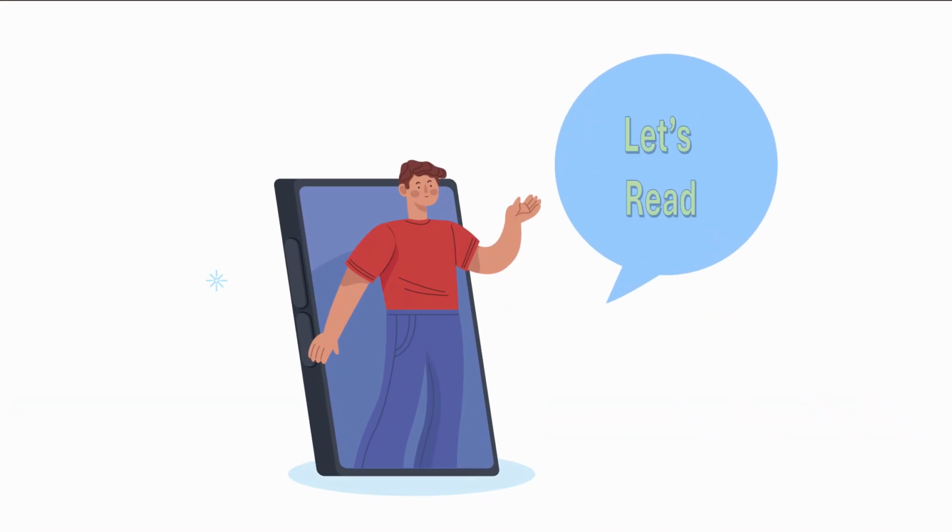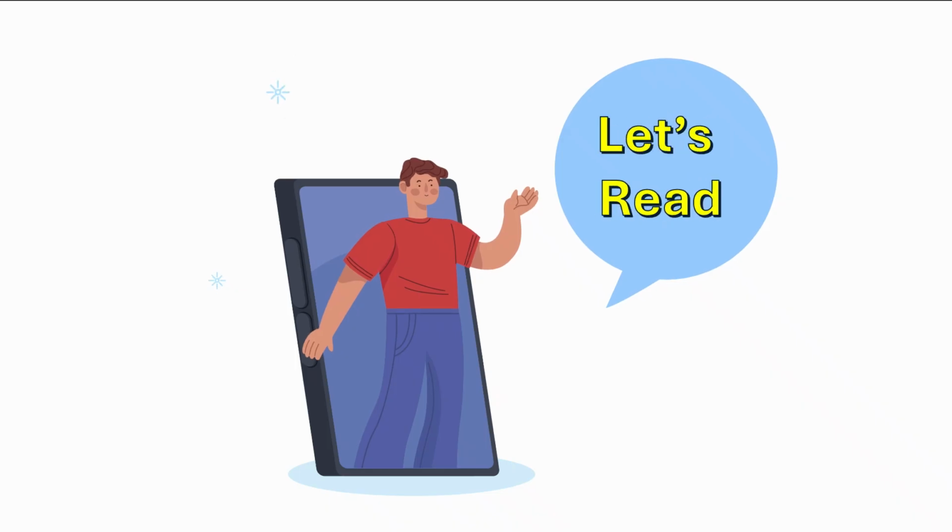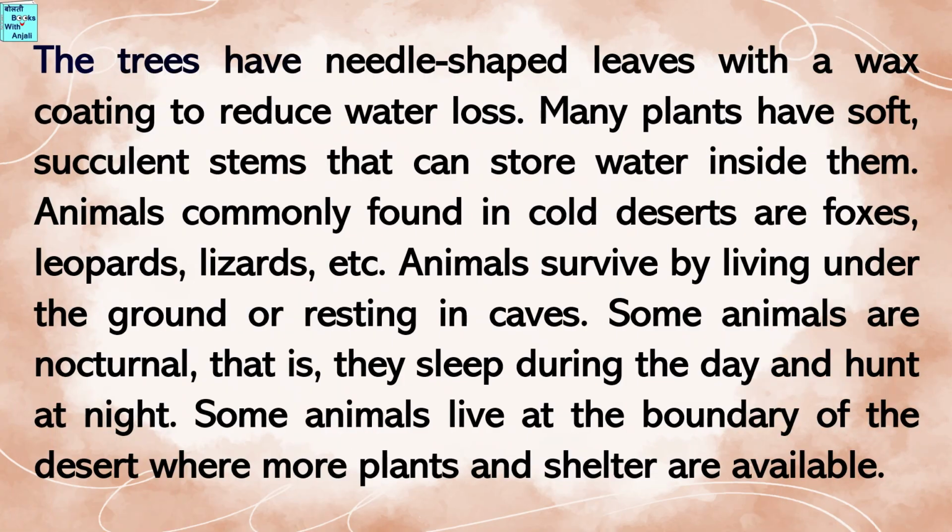Let's read further. The trees have needle-shaped leaves with a wax coating to reduce water loss. Many plants have soft, succulent stems that can store water inside them.